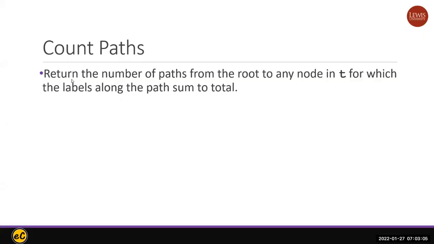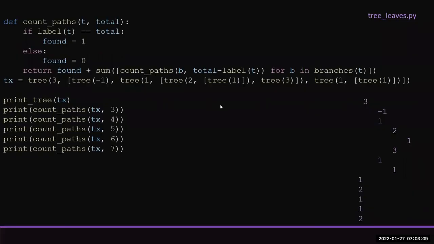So counting paths. Now this one is counting the number of paths that the tree can traverse. Basically, in counting paths, if you are a leaf node, you have 1 path. Otherwise, you will sum up all of the paths of your branches, and then you have a total.